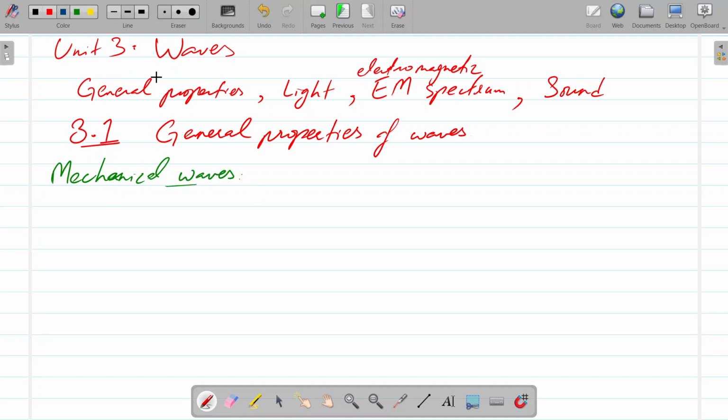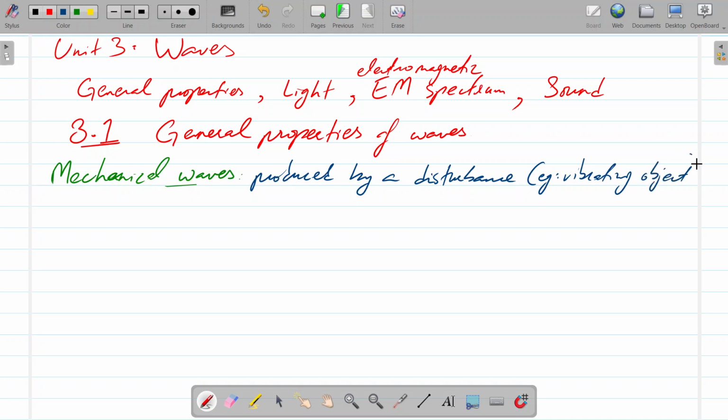These are waves that are produced by a disturbance, such as a vibrating object, and it happens in a material medium.